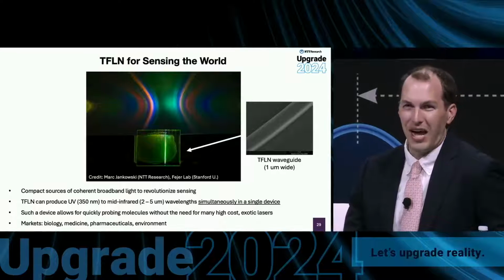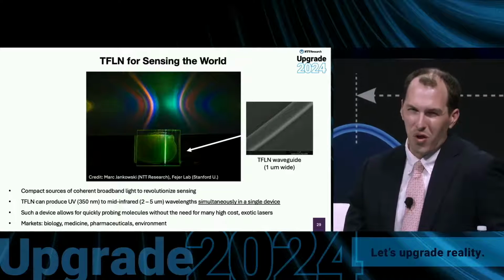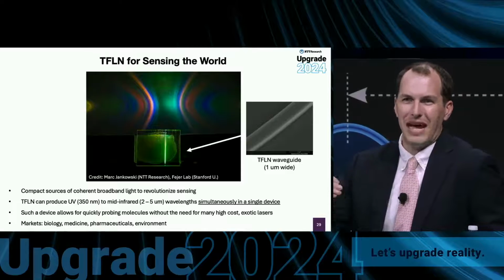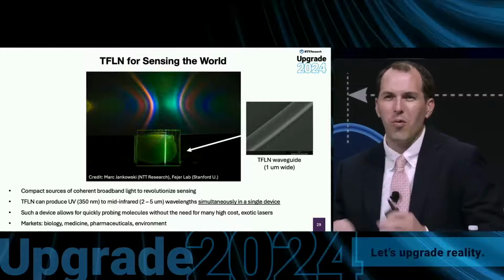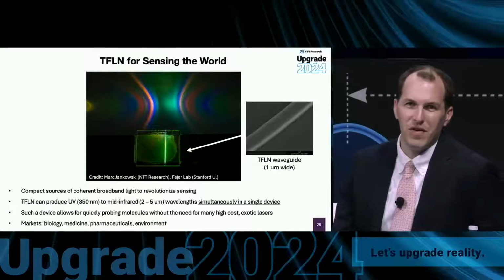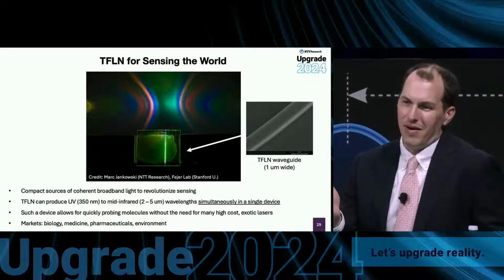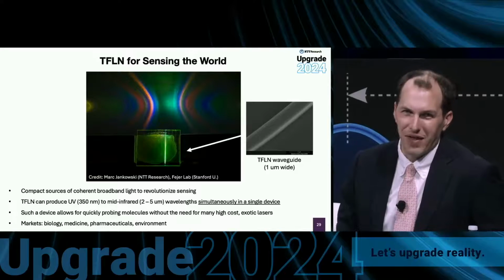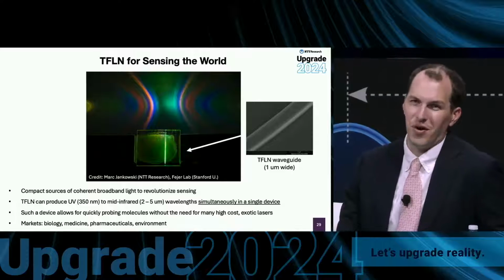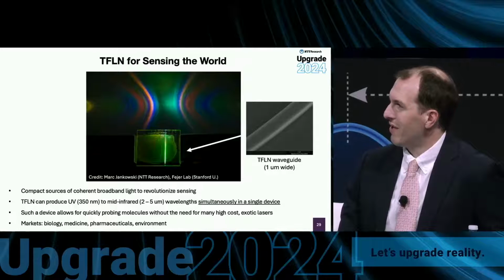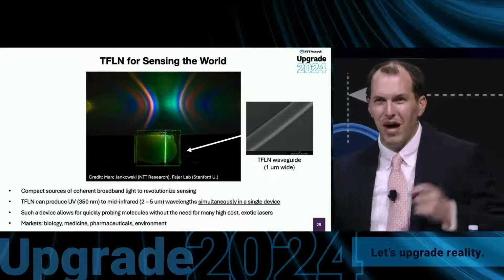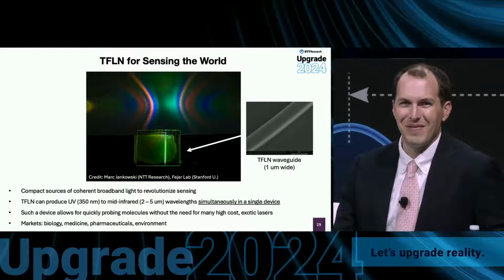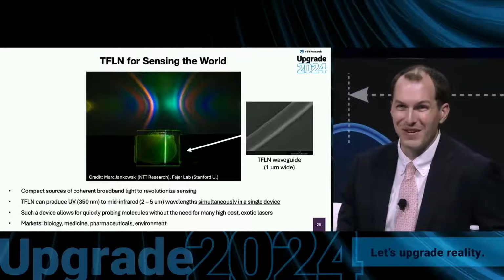You can shine a single wavelength, or close to a single wavelength, into this device, and what comes out on the output is a whole rainbow of colors, from the UV, which is very short wavelength, all the way to invisible wavelengths in the mid-infrared region. So in a single device, you can form a spectrum of color that you would otherwise need maybe 10 different lasers to accomplish.